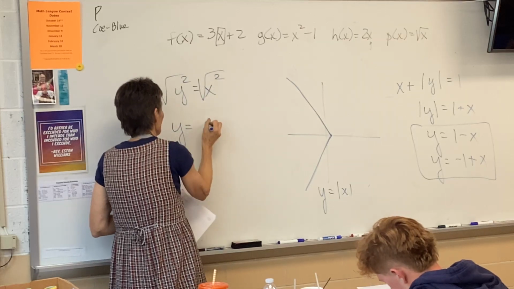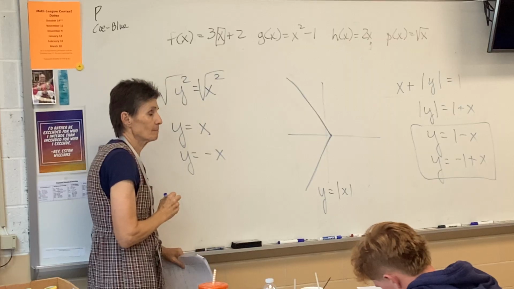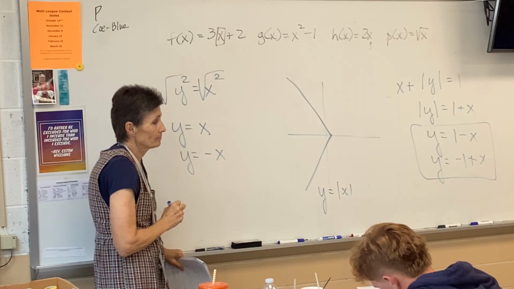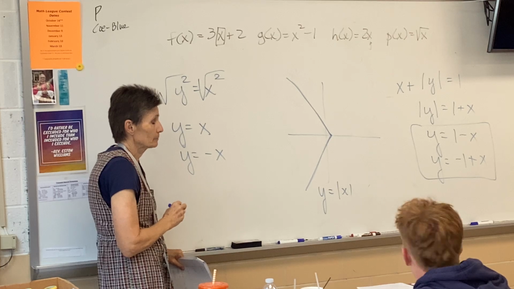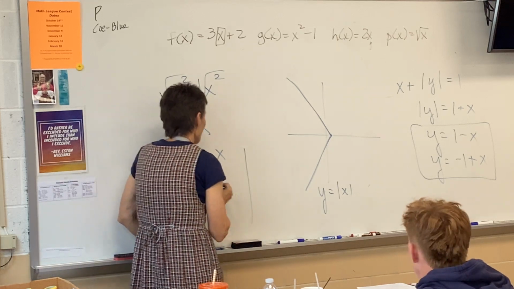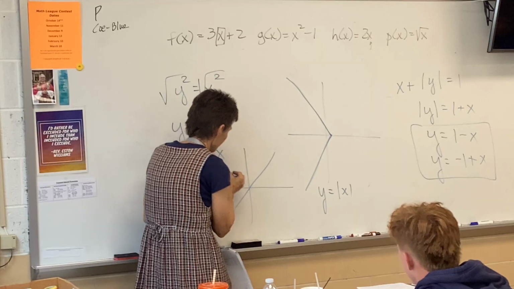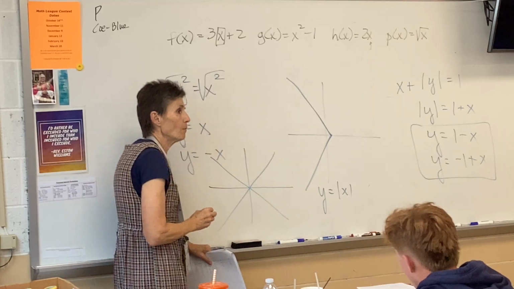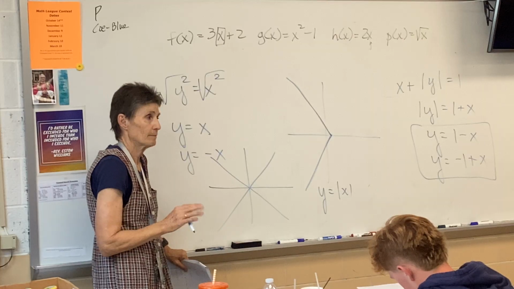So y equals x or y equals negative x? Probably without graphing that on your calculator, you know what that looks like. Now, are all those okay? Yeah, they're all okay.